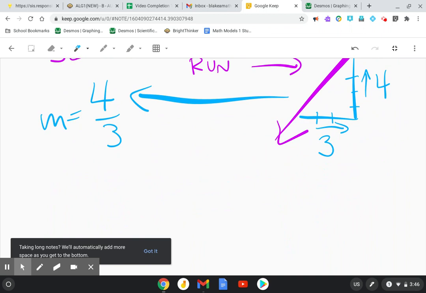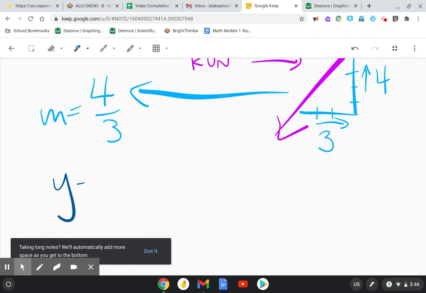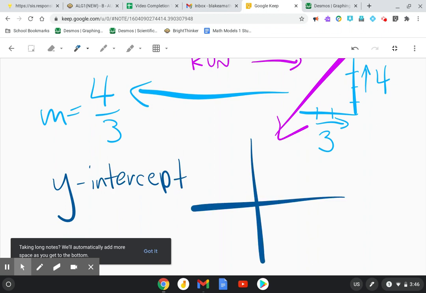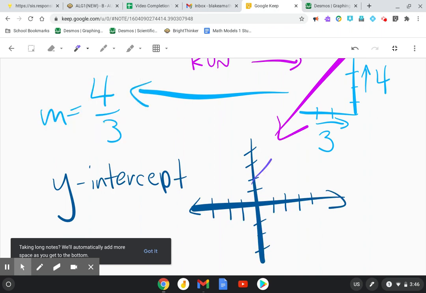All right, and then the y-intercept is our other value. The y-intercept is a value that tells us where the line crosses the y-axis. So if, again, the y-intercept tells me that on my graph, let's say I have this as my graph, and the line comes in and it crosses right there.